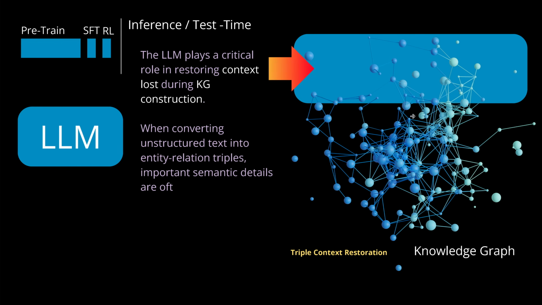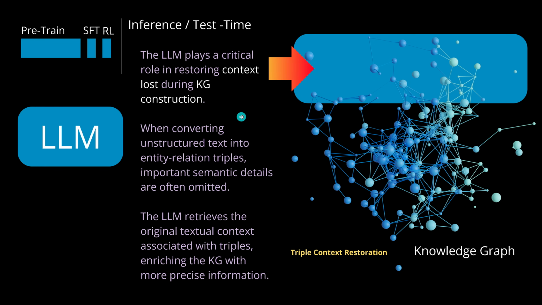So let's come to the core idea. Let's say an LLM plays a critical role in restoring the context lost in a knowledge graph during the build-up of the knowledge graph. How does it happen? When converting unstructured text into entity-relation triples of our knowledge graph, often a lot of important semantic details are simply omitted, are not integrated.